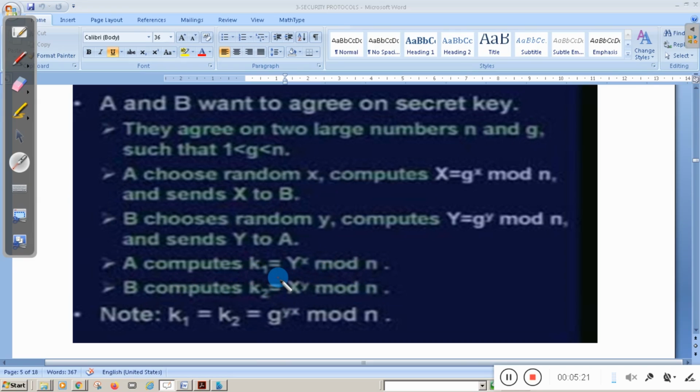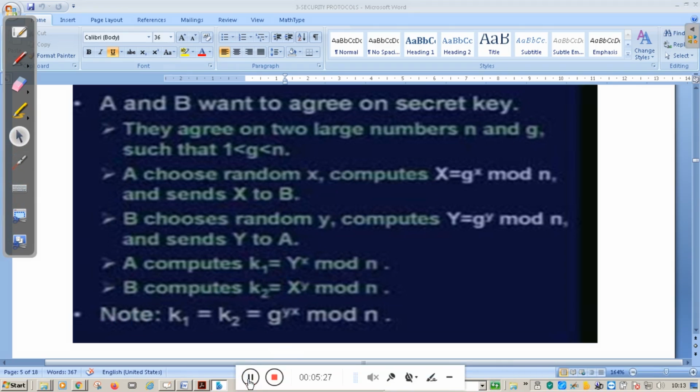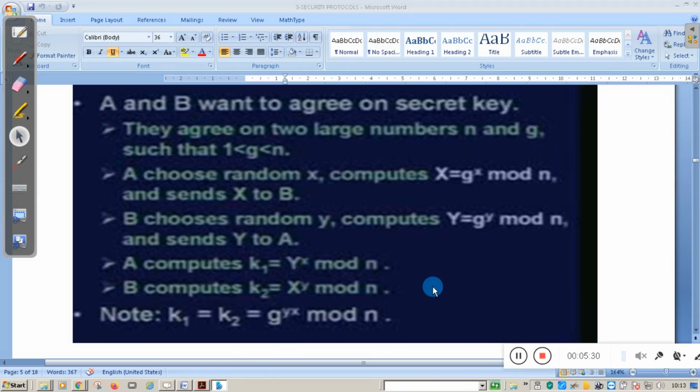Now you see here, A computes k1, which is Y raised to power x mod n. What is Y here? Y is g raised to power y mod n. So substituting, you get g raised to power yx mod n. Similarly, B computes k2, which is X raised to power y mod n, where X is g raised to power x mod n.